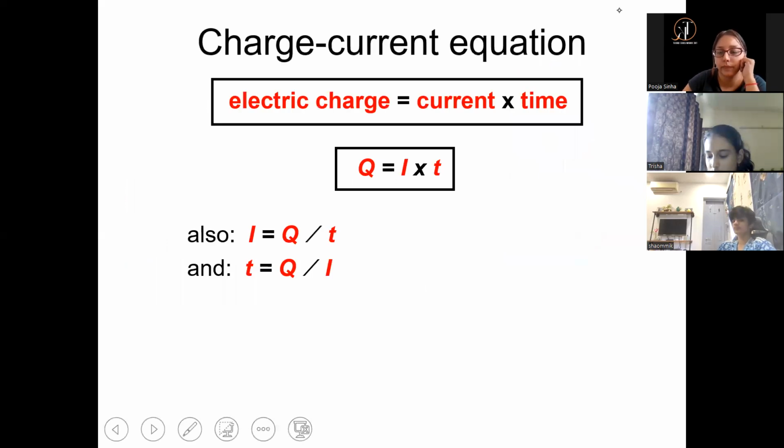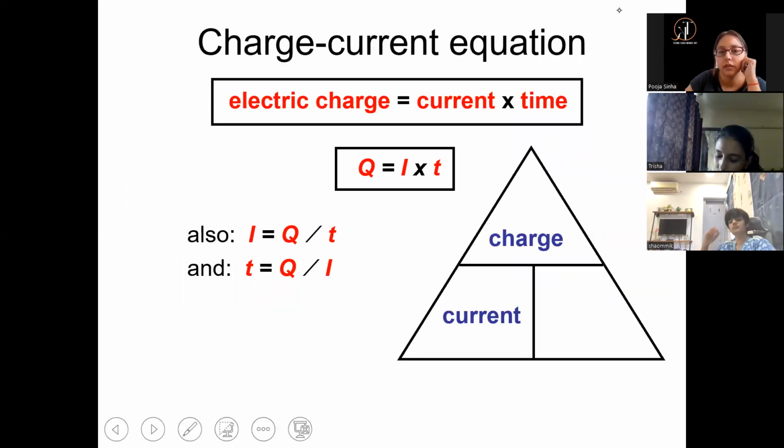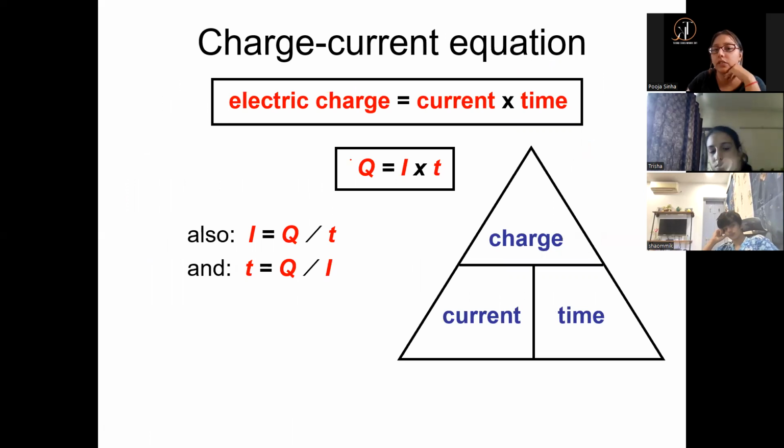Now come back. This we've just learned, that I is equal to Q upon T. It can be written in this way, and this way, whatever you need to find out. Yes or no? Yes. Write it down, please.